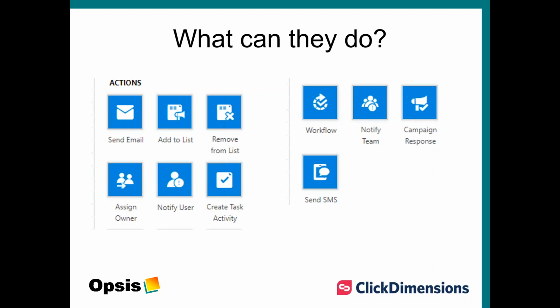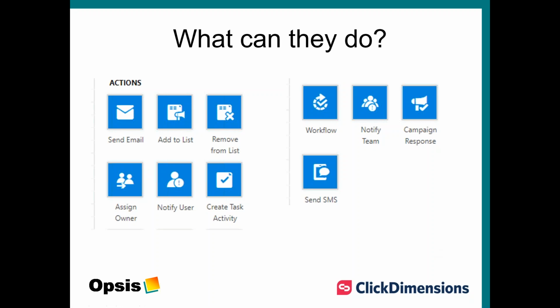We can kick off some further automation using Dynamics 365 workflows. We can create a campaign response so we start to see which campaigns were effective or not, or we can send them an SMS. So we've now got a number of different actions, and although there's 10 on that slide, in reality there's a lot more because of the subtypes that come under each of those groups.